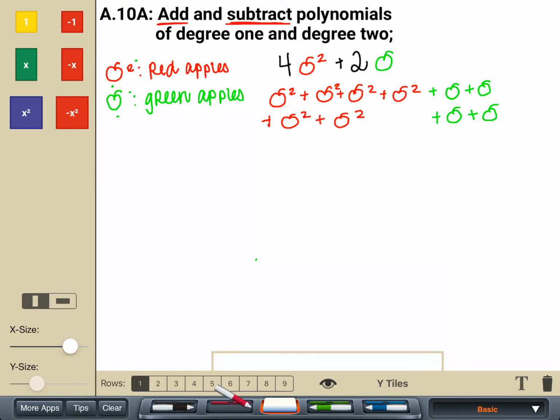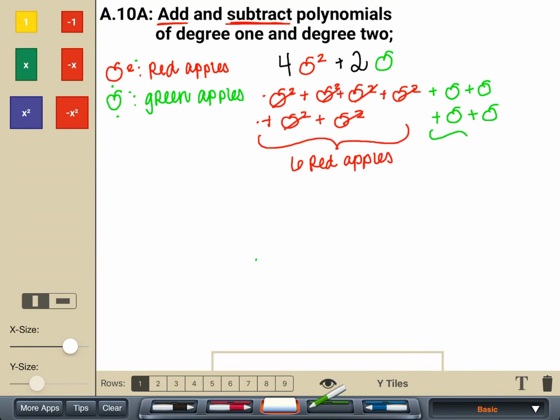Now, let's see what we have in total here. So if Bob started with 4 red apples and he went back and got 2 more red apples, we have what? 6 red apples. 1, 2, 3, 4, 5, 6.